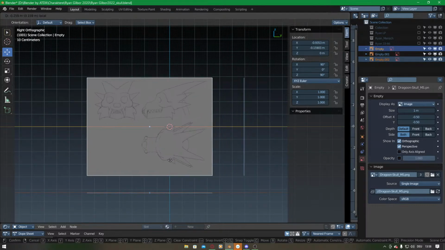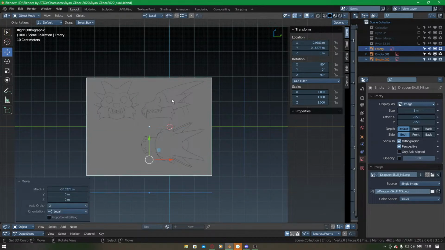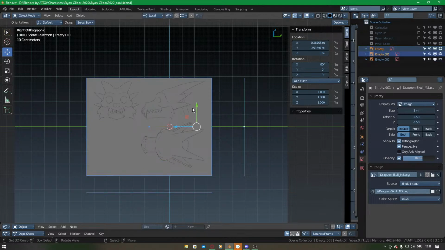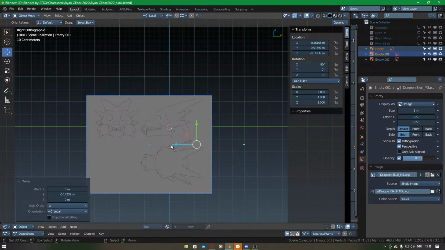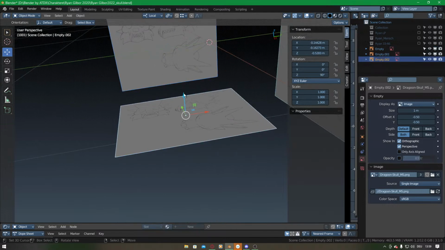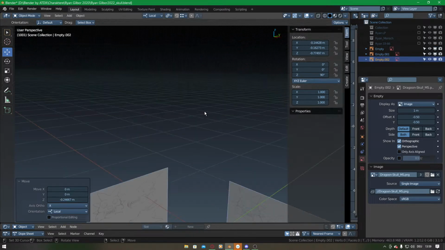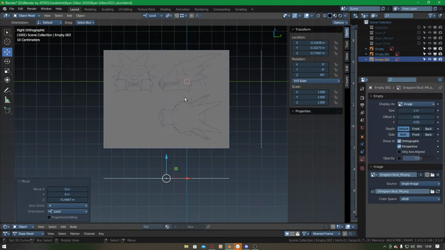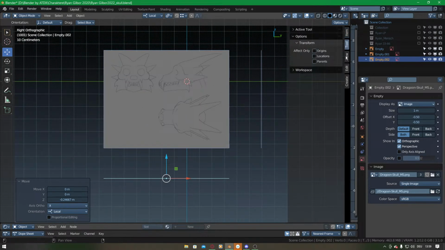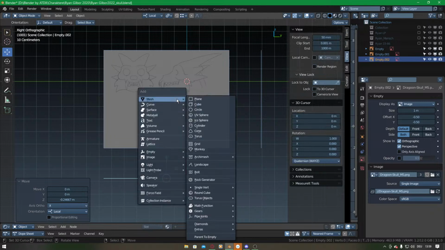Actually, I need to put the head more in the middle of here. Then I'm going with this, and I need to pull this down a bit so that the head is more in the center. Good. Whoops. So, all right.